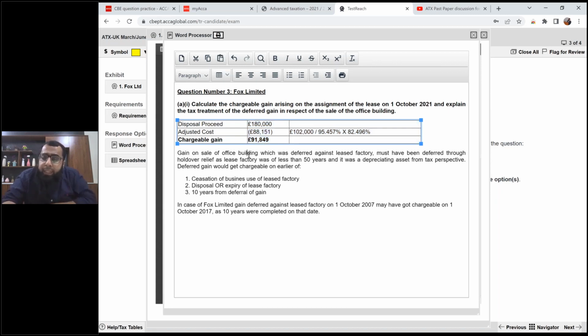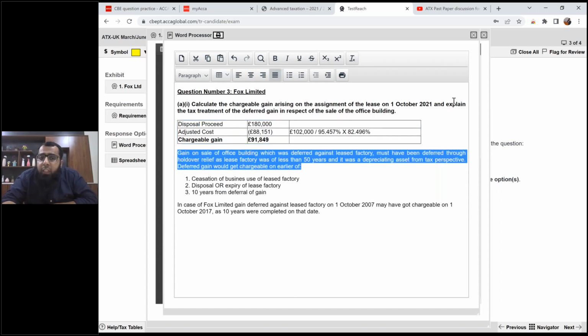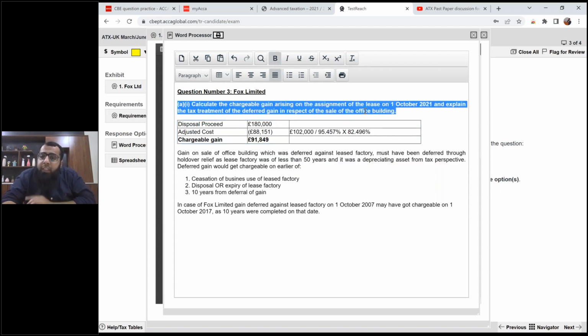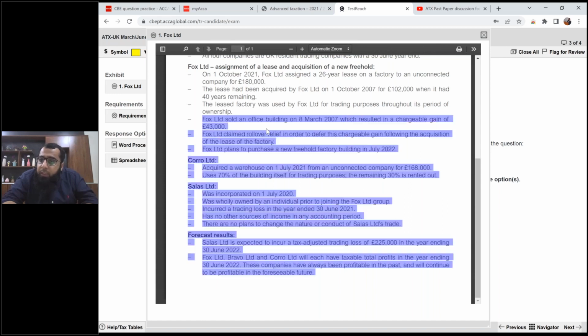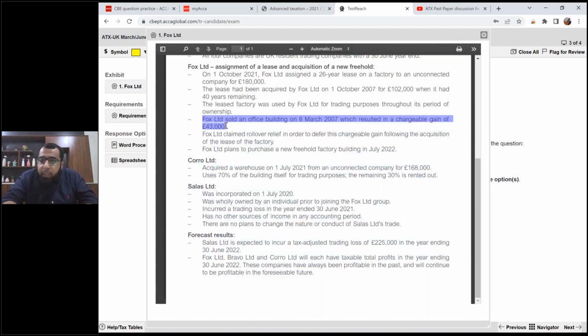Okay. Then secondly, he asked us to comment on the gain in relation to the office building. See, if you read the question, it was written that some office building was sold in 2007, on which there was a gain of 43,000. This gain was deferred against the lease.